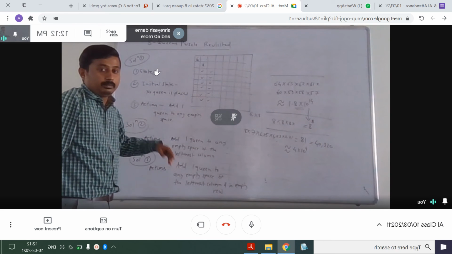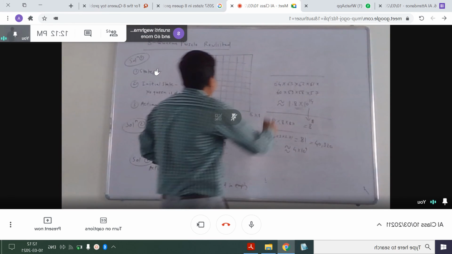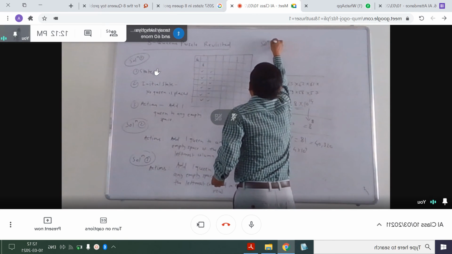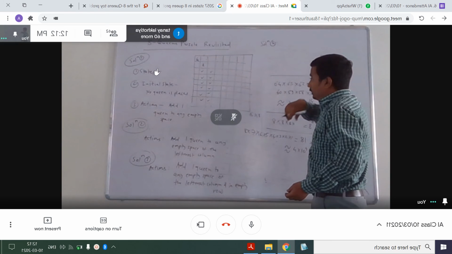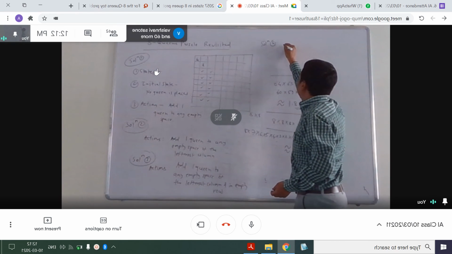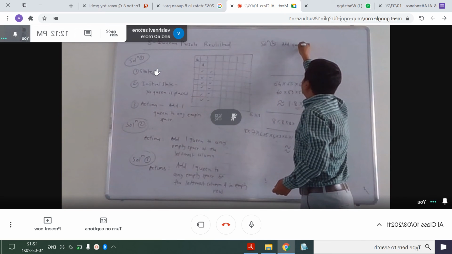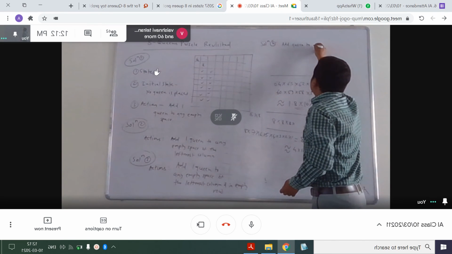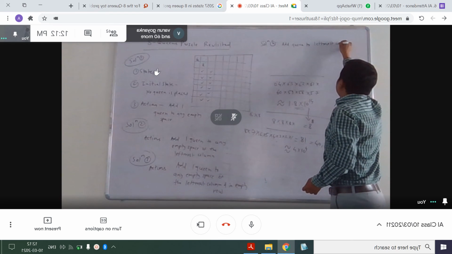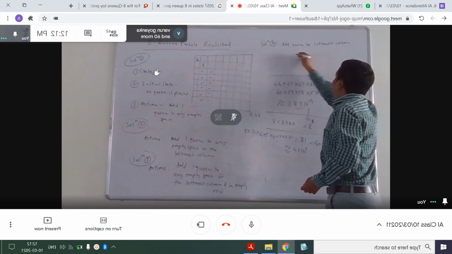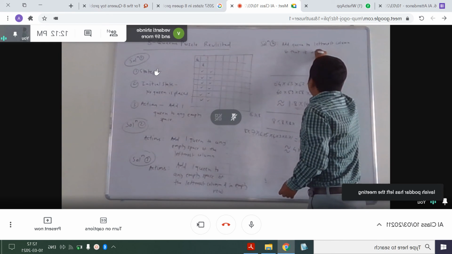So we are making our problem much simpler. Now I will be giving the fourth solution. Here: add queen to the leftmost column so that it is unattacked.